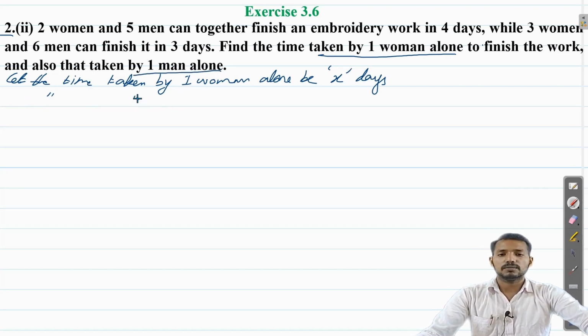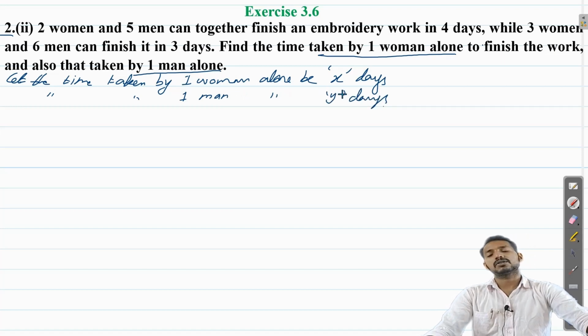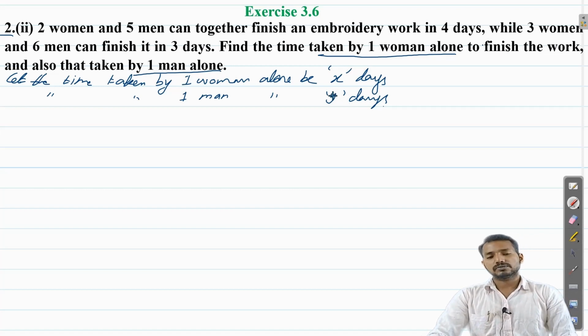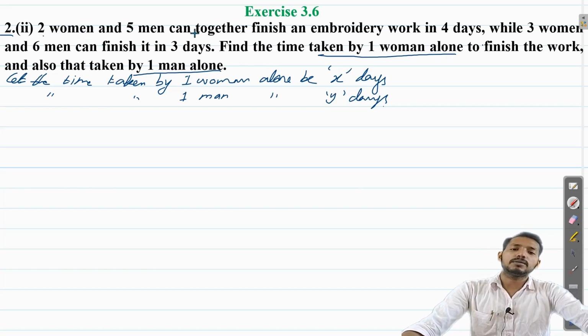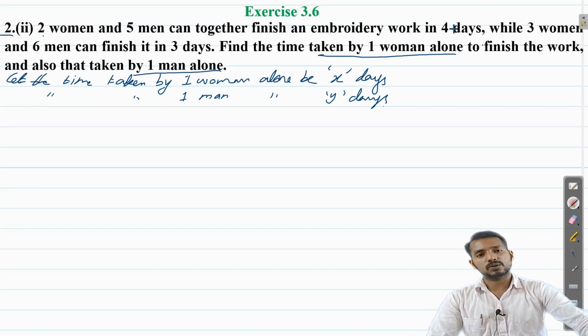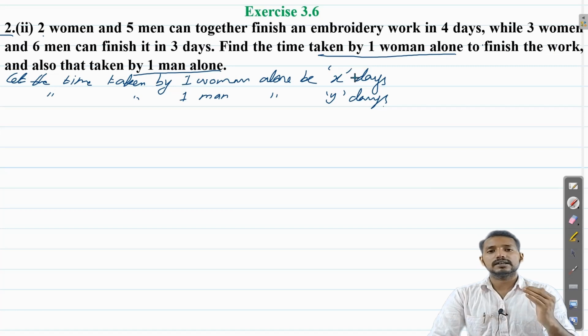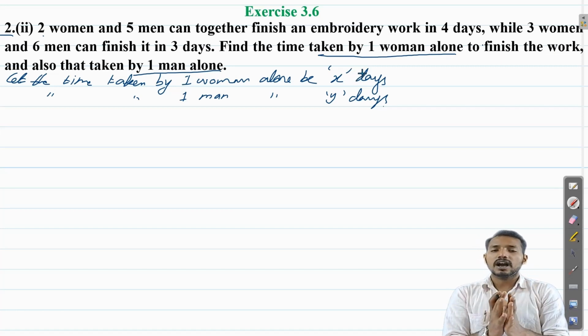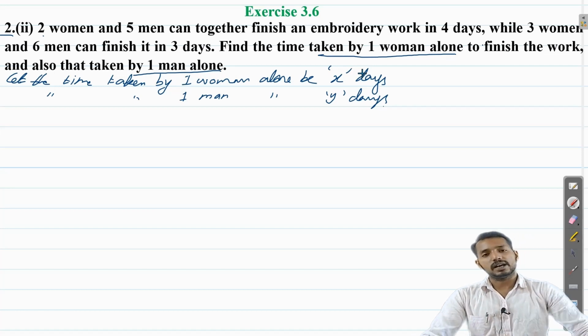Time taken by 1 man alone be y days. These are the variables we have. So first condition is given: 2 women and 5 men can together finish an embroidery work in 4 days. For that, we have to find first, in 1 day, how much work can be completed by 1 man and 1 woman alone.